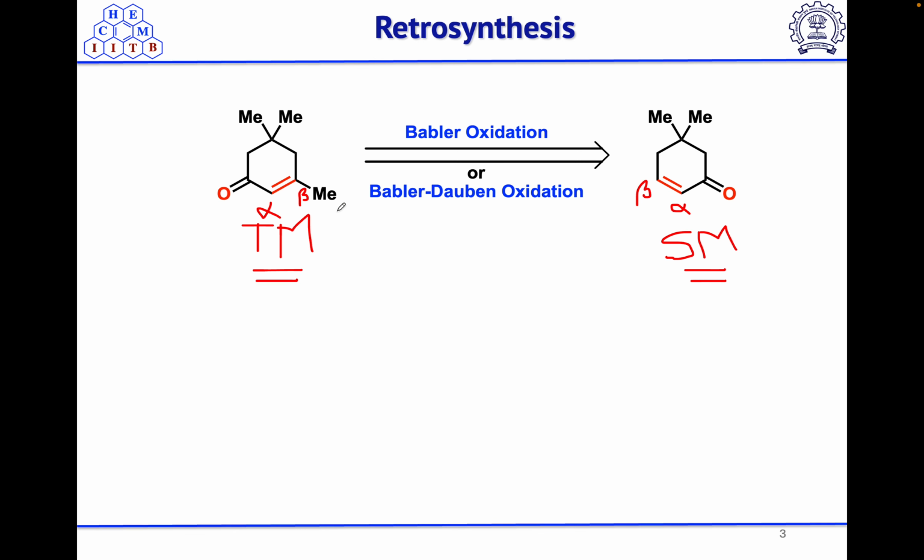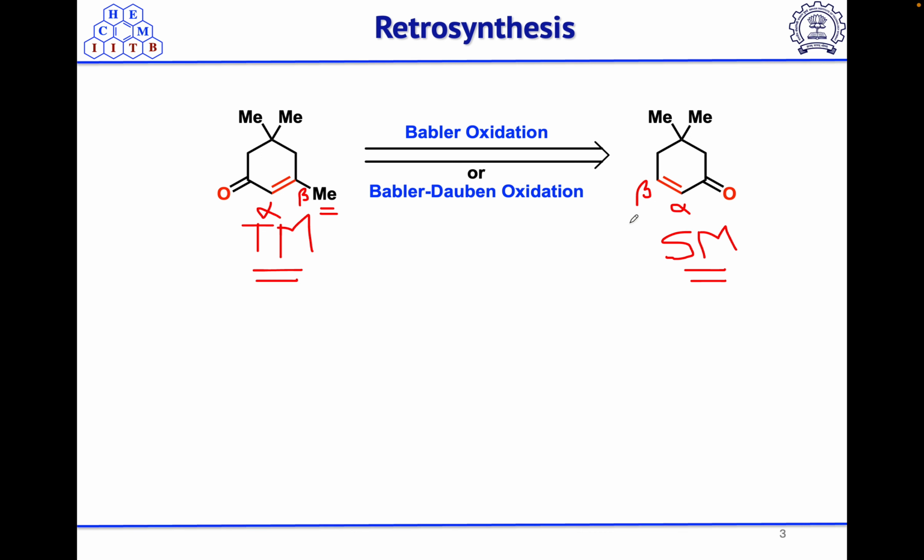But in the target molecule there is one methyl substituent at the beta carbon. So we have to install that methyl substituent at the beta carbon.